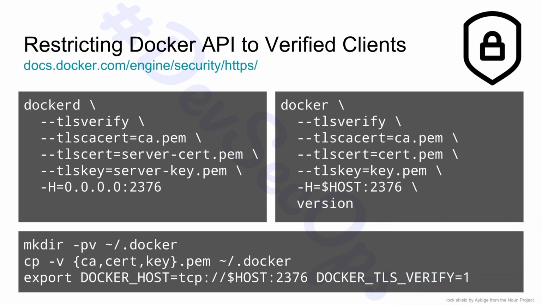Then, when you run the Docker client, you need to use the same credentials. The Docker client will only talk to this Docker daemon because it has the same credentials. If you try to use this Docker client with some man in the middle, someone who doesn't have the same encryption keys, it will refuse to work. And the same is vice versa. When the daemon is receiving commands from clients that are not using the correct keys, it will fail.